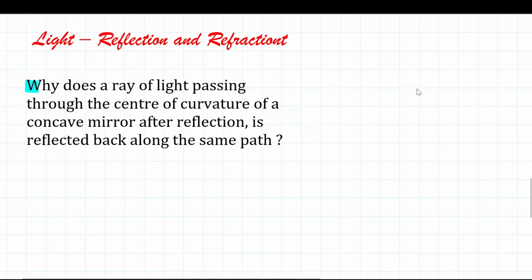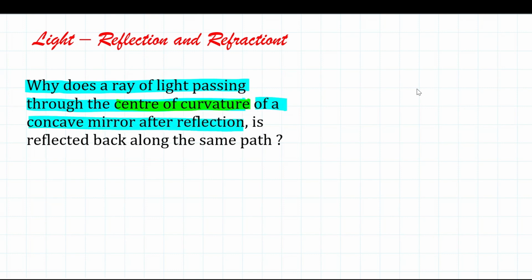Now, in the next question, it says, why does a ray of light passing through the center of curvature of a concave mirror, after reflection, get reflected back on the same path? So we are talking about the concave mirror.